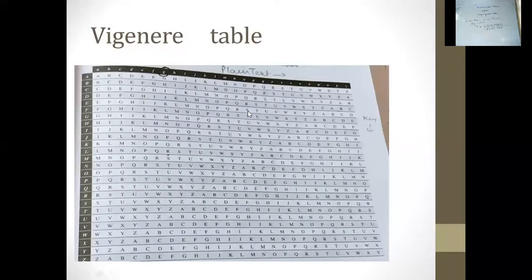Okay, so this is my screen. This is the 26 by 26 matrix that I am talking about. This matrix consists of all the letters starting from A to Z, and on the row side also we have all the letters from A to Z.